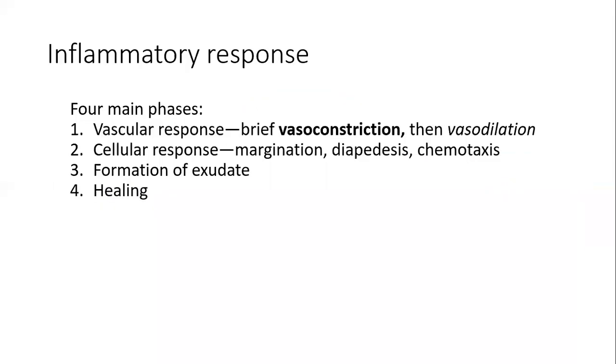So in summary, the inflammatory response has four main phases. The vascular response, which begins with brief vasoconstriction, then vasodilation. And the cellular response, which includes margination, diapedesis, and chemotaxis, and the formation of exudate and healing.